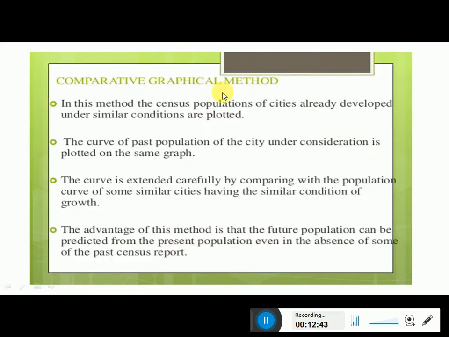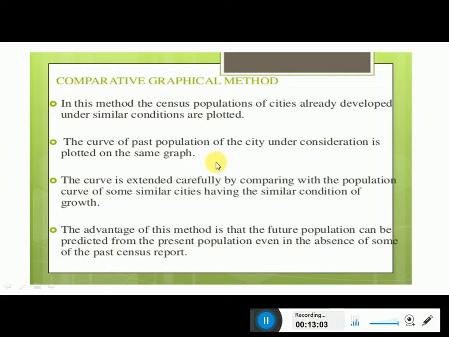Similar to that, we have one more method called the comparative graphical method. In this method, the census populations of already developed cities under similar conditions are plotted. The curve of the past population of the city under consideration is plotted on the same graph.